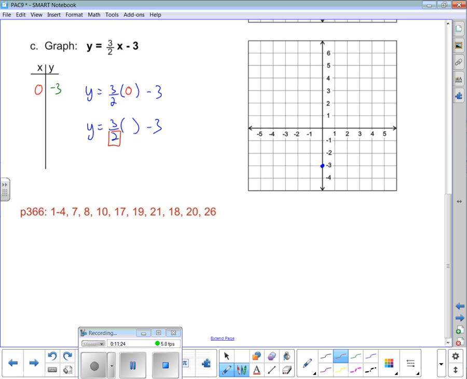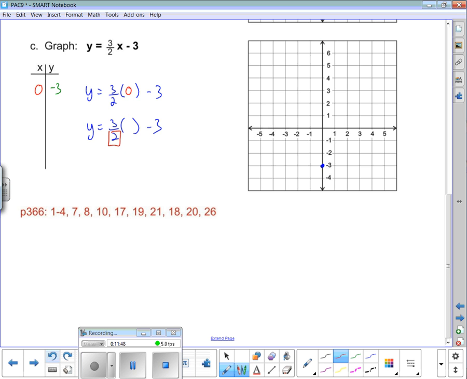If I use 1, I can use 1, but you know what? I'm going to get fractions. And students tend to want to avoid fractions. Well, here's the point. If I use a value for x that can be divided by the 2, I won't have any fractions.